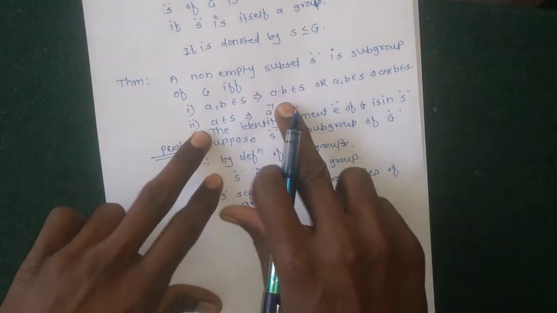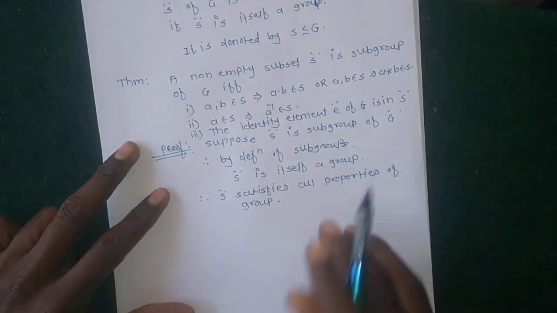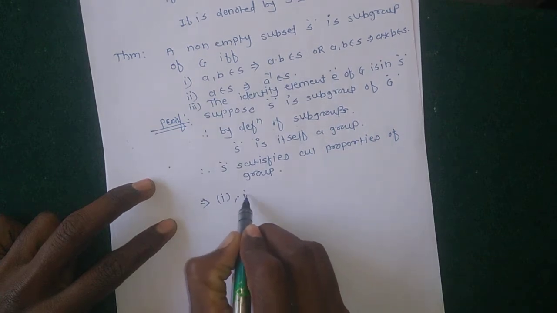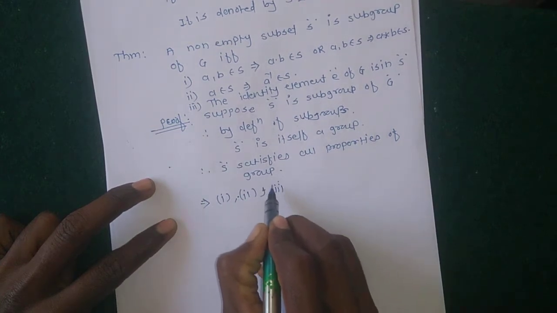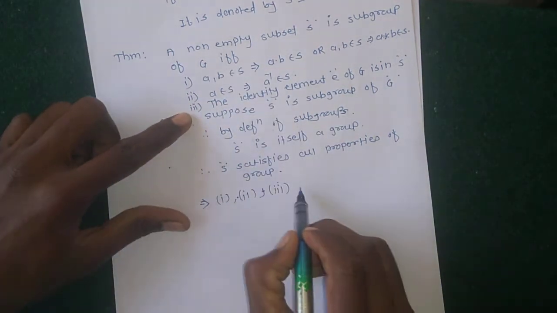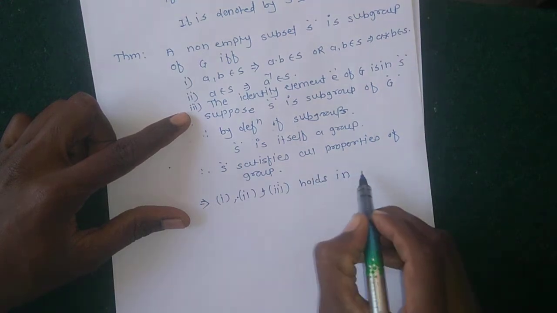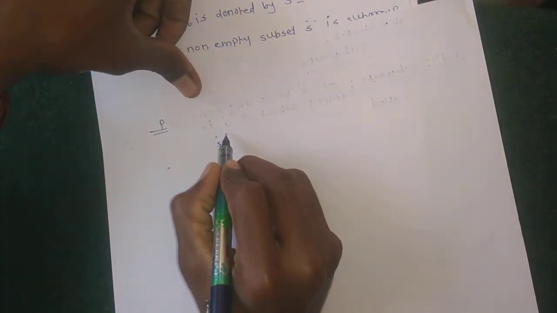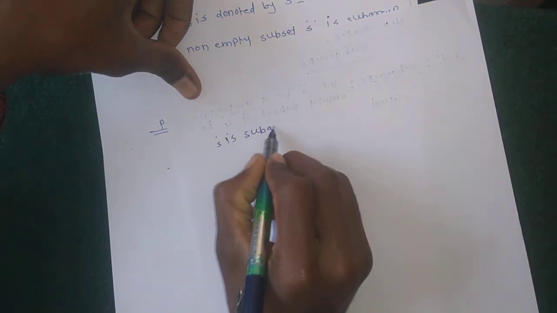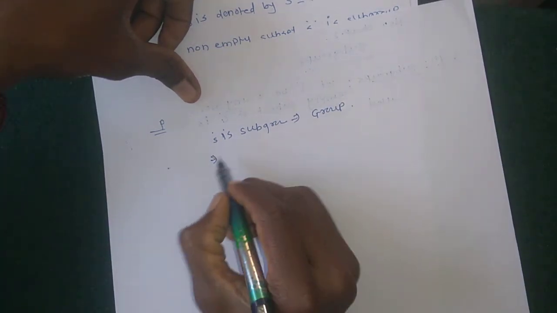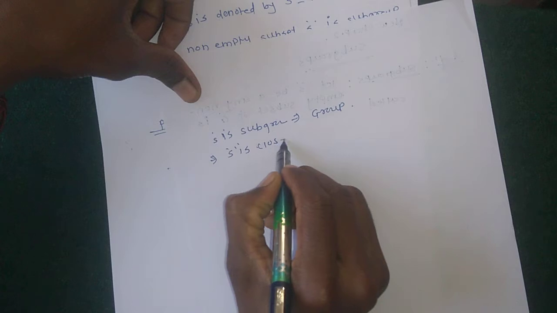Here also given that this condition is the closure property, which implies that the first, second, and third hold in S. Okay, why is this satisfied in S? Because S is a subgroup, which implies that S is also a group. S is a group, which implies that S is closed under the given binary operation.